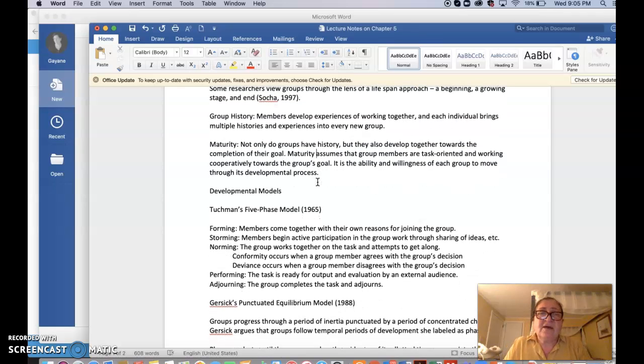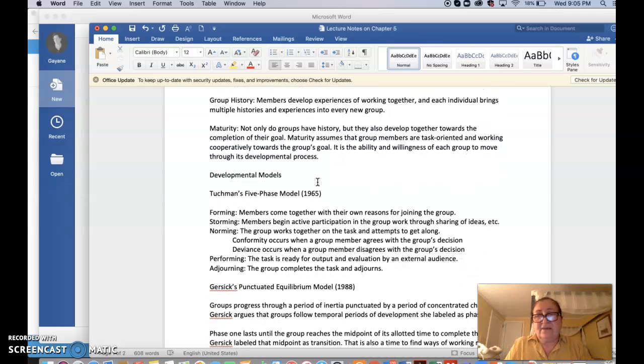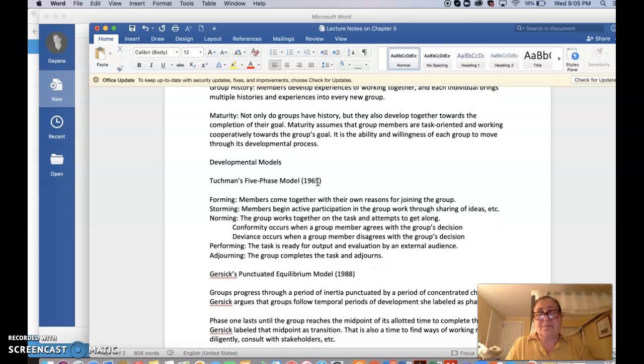And maturity is not only the history, but also the ability for a group to achieve its goals. Maturity means that group members are task oriented, working cooperatively towards the group's goal, and in sum, it is the ability and willingness of each group to move through its developmental process successfully.